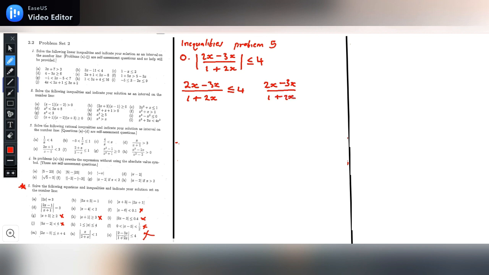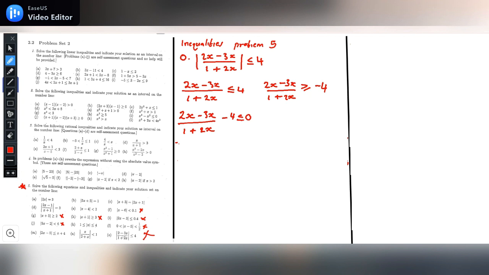And now we have to change. It's going to be -4 and greater than or equals to, no longer less than or equals to. And then now we can solve for x. 2x minus 3x over 1 plus 2x minus 4 is less than or equals to 0.